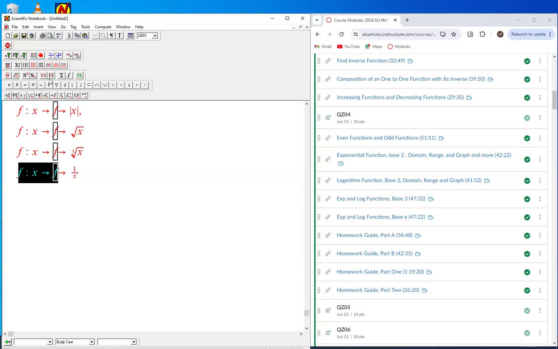The rule of function. And the output is 2 to the power x, right? Domain, range, inverse, increasing, decreasing, these concepts, 3 to the power x. And the next one, e to the power x.